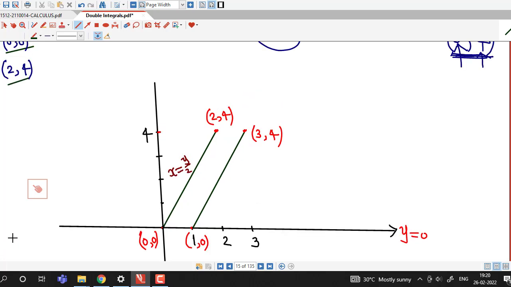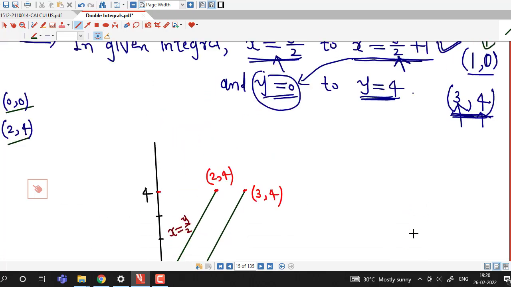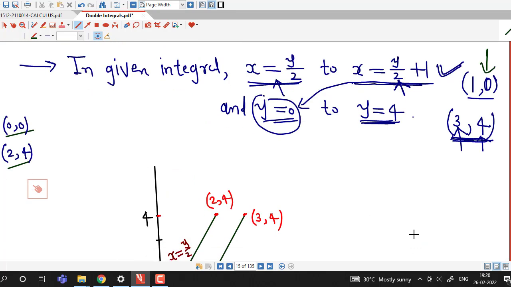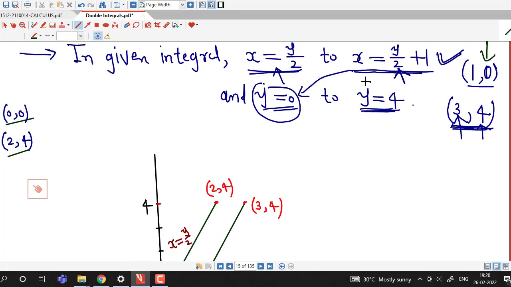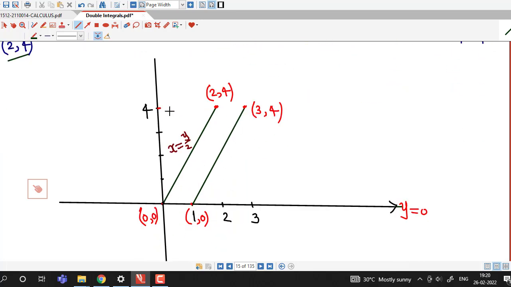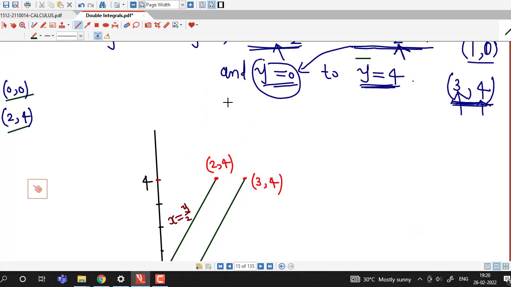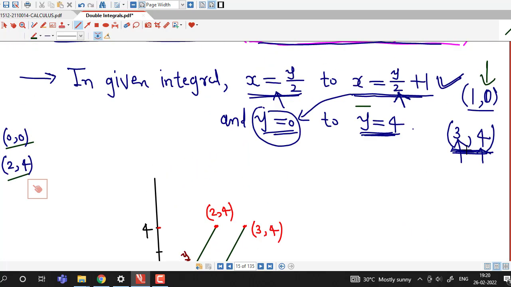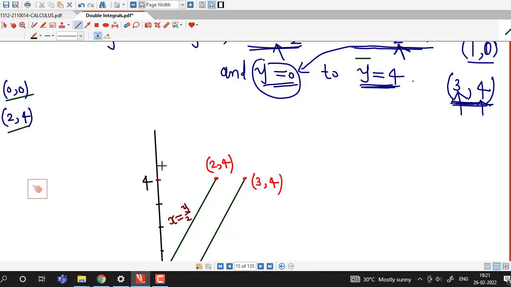And y equal to 0, that is the x-axis, and x equal to y by 2, and y equal to 4 is also required. So y equal to 4 means a line parallel to the x-axis, and it will pass through the points (3, 4) and (2, 4).